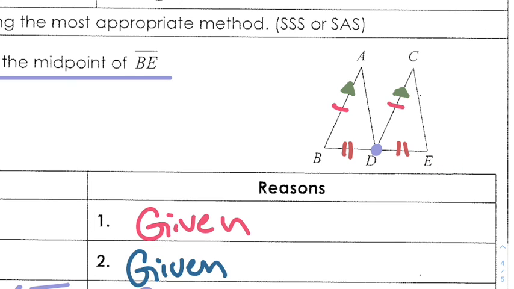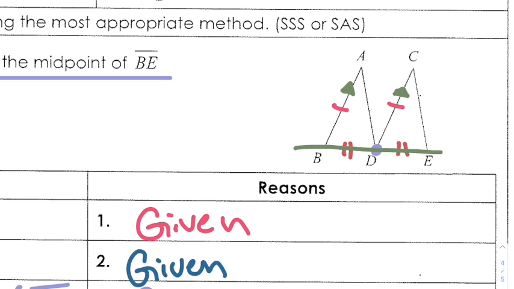But really, we're just going to worry about line BE as a transversal because we either want to get side, side, side or side, angle, side. Right now, it's looking like we're going to get side, angle, side. So we want that angle B is congruent to angle D, because it's in between these two lines.